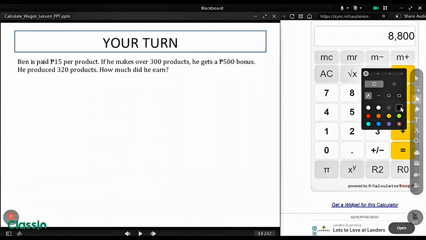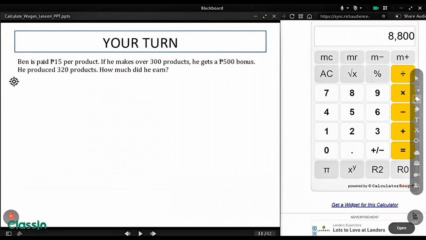Let's write all the given first. Given. So, the given, the items, we have a total of 320. And the rate is equal to 15 pesos.